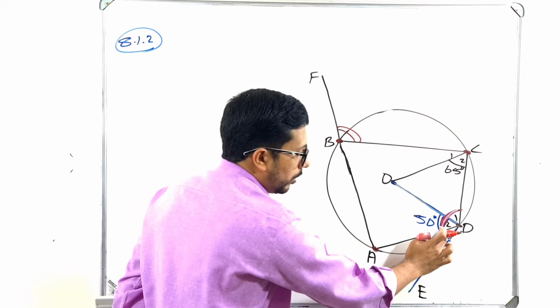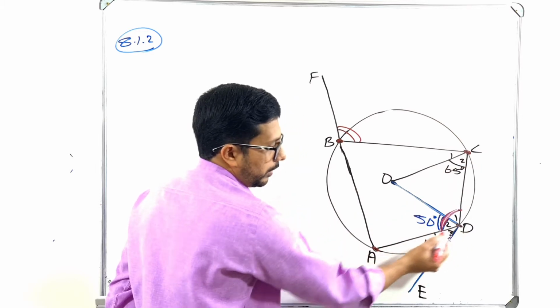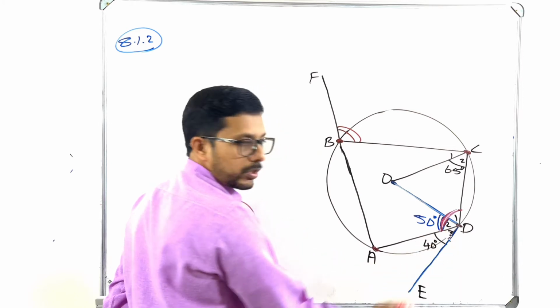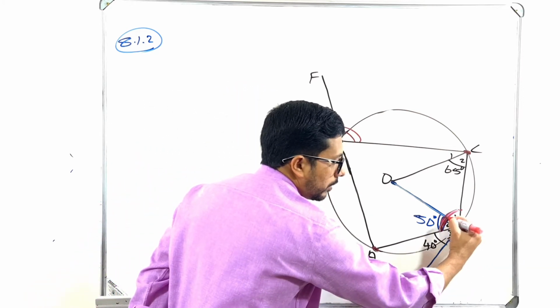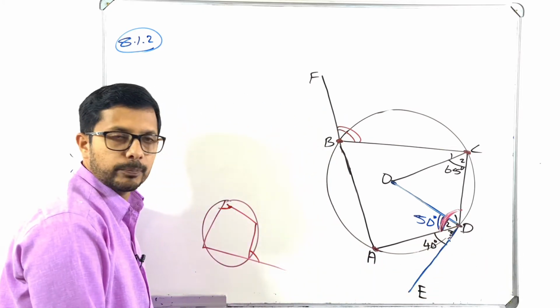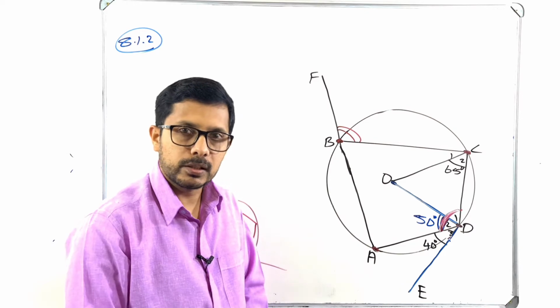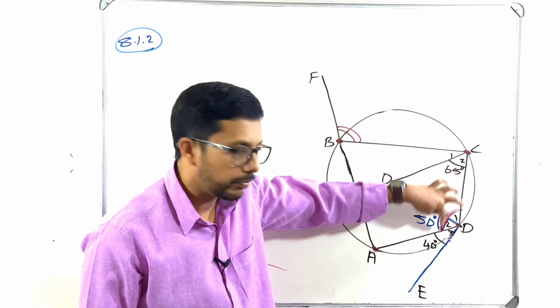D3 is not included because we are considering this cyclic quadrilateral DABC like this. So we just want to consider this angle. What is this angle? D1 plus D2. D2 we already know is 50 degrees. So if we know D1, then we can find D1 plus D2.